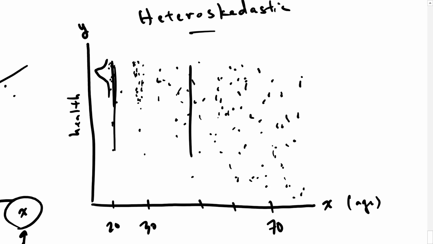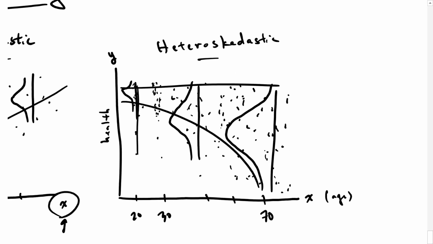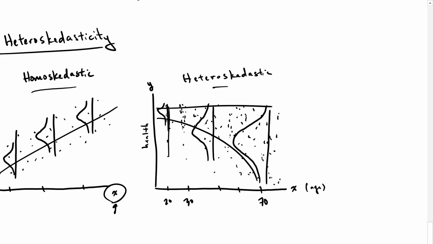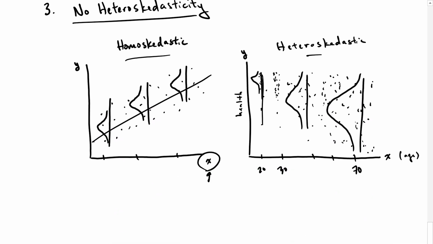But then as you move on, the variance is going to grow, and then the variance is going to grow even more. And so you have this fanning out of the data. That's heteroskedastic errors. And so if you have data that violates that, then you have heteroskedasticity.